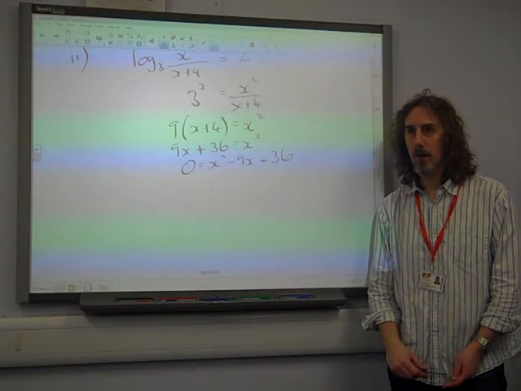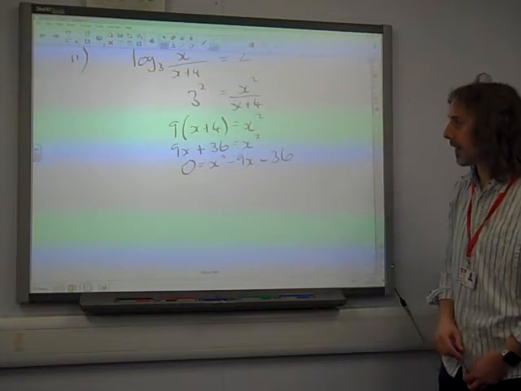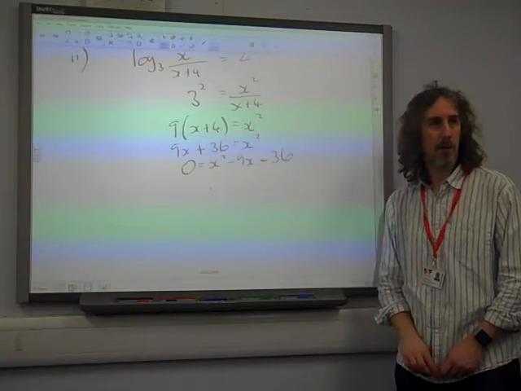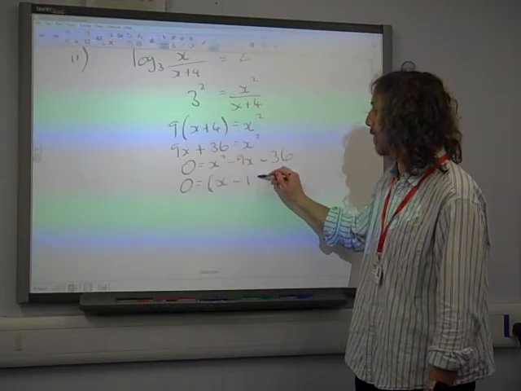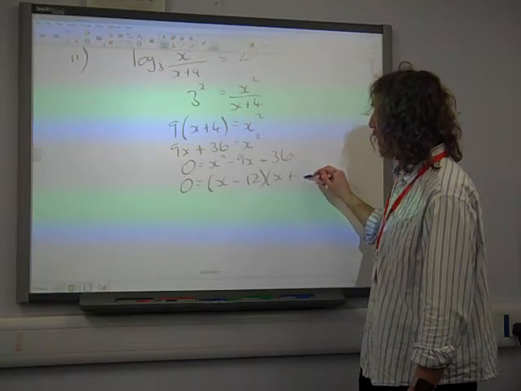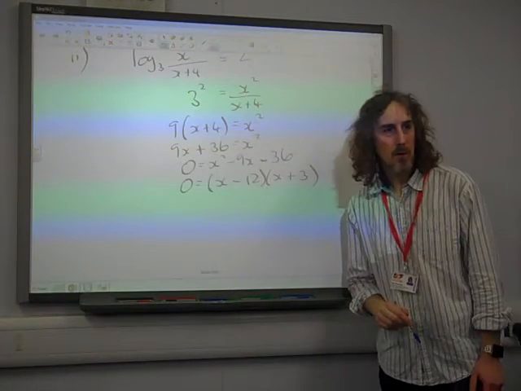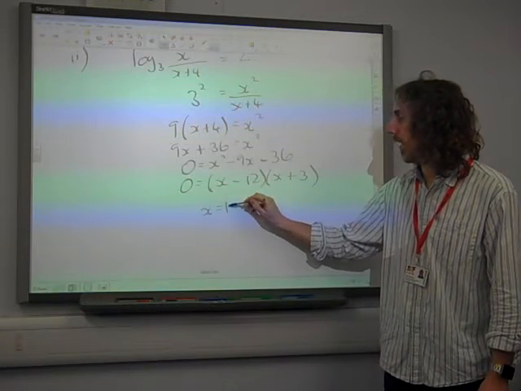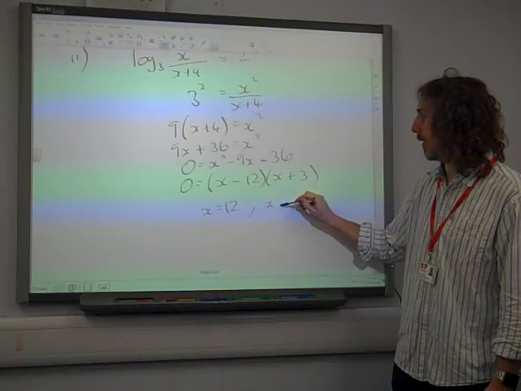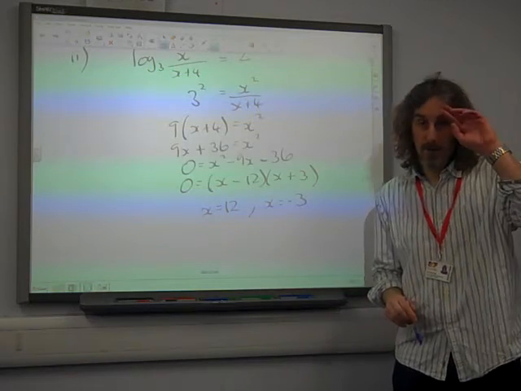It does. 36 is 12 times 3. So this factorises as x minus 12 times x plus 3, which gives us x values of 12 and minus 3.